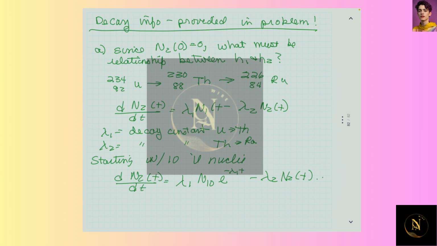And the solutions are written as, oops, this should be a 1. Minus plus.